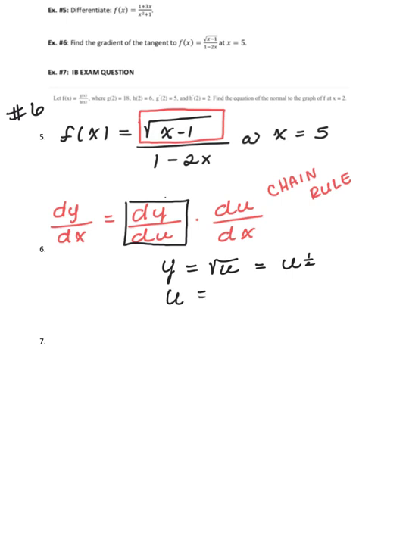So u is equal to x minus 1. So we've got our big picture and our small picture. This is our big picture, and this is our small picture.